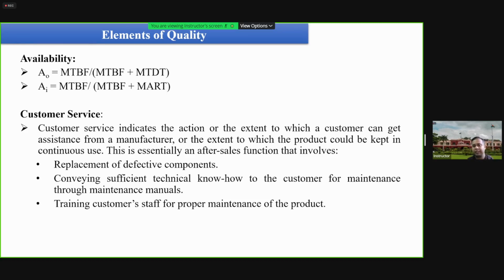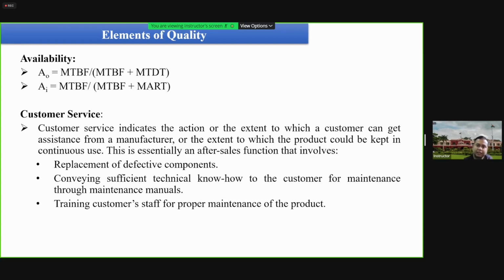If we see the number of service centers for a particular company or product in developed countries, you will see maybe one service center in one particular area. But in India, you will find multiple service centers in a small location.